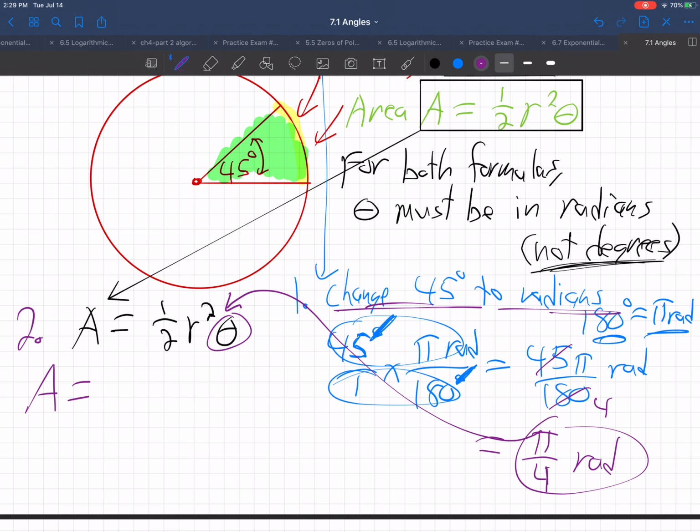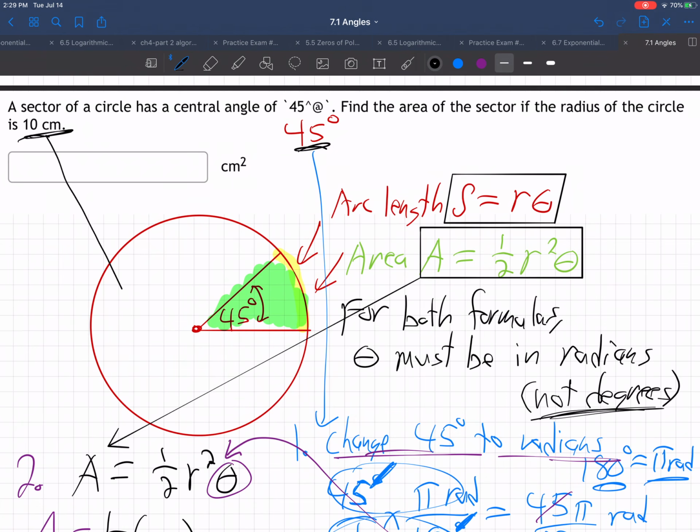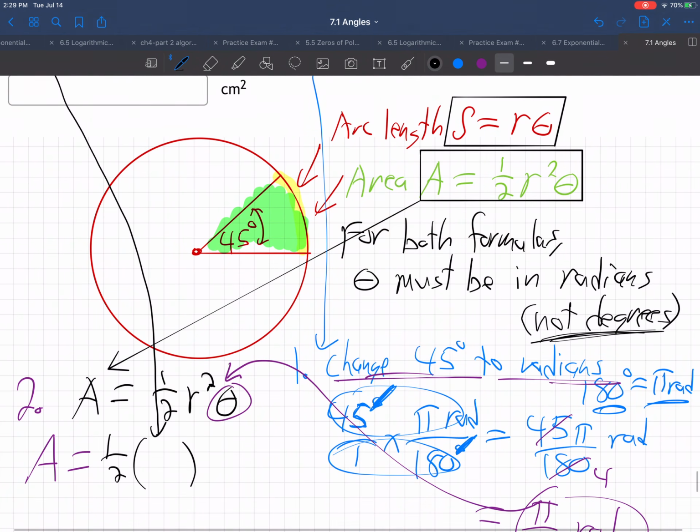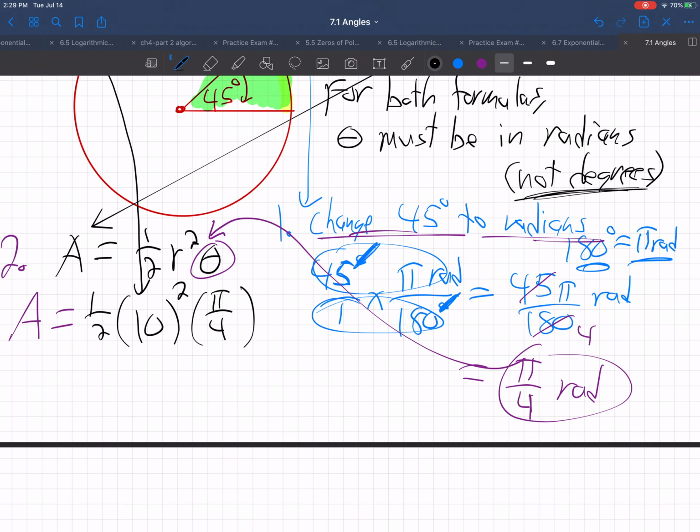So the area will be 1/2 r. What's r? I don't know. Did they tell us? There it is. Radius is 10. So pop that in. The radius is 10 squared times theta, which the angle is pi over 4 radians. So there we go. You can just use your calculator on that.